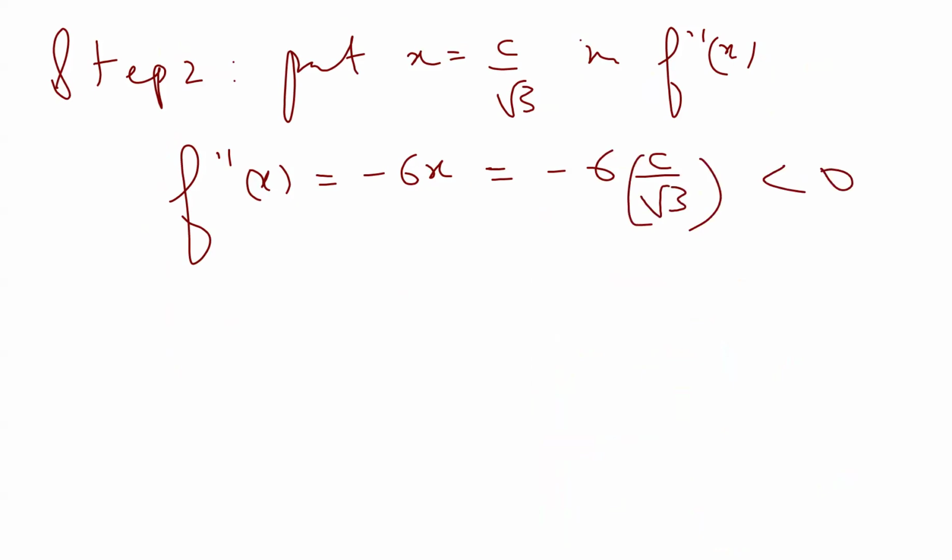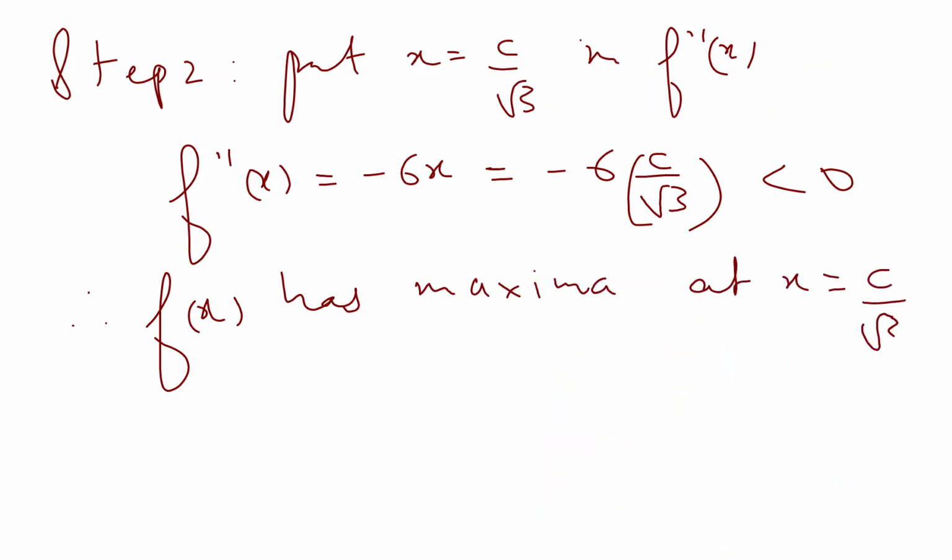Now this turns out to be negative. We did not solve this, but it is negative because of the minus sign. Therefore, f of x has maxima at x is equal to c by root 3. Okay, we got the maxima.